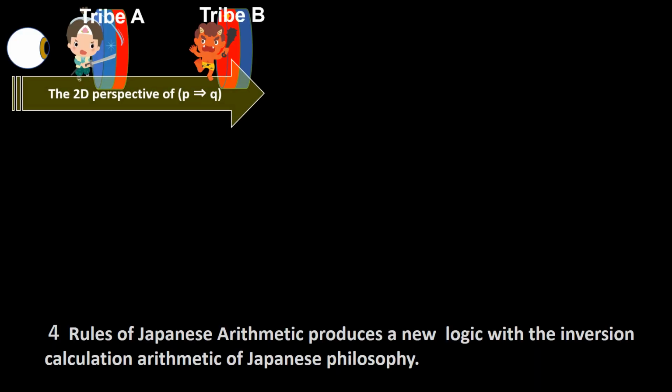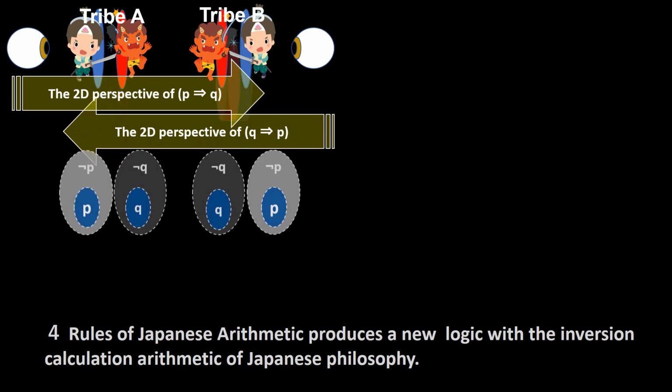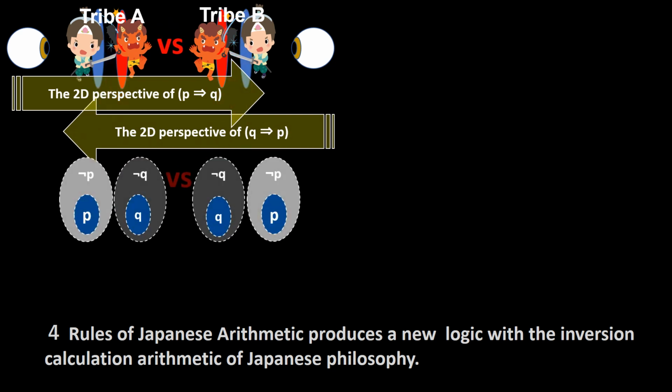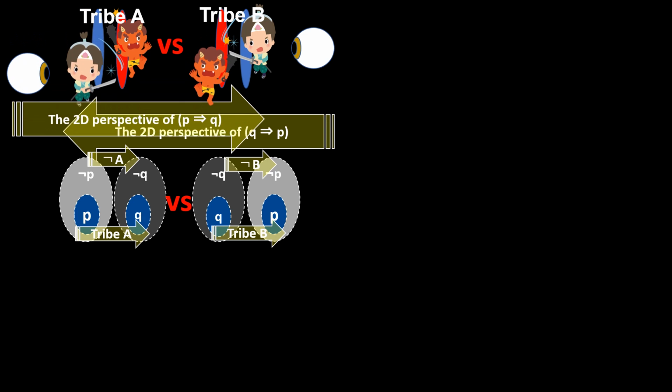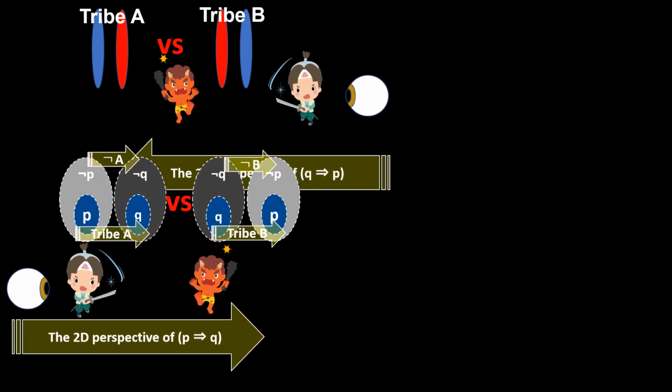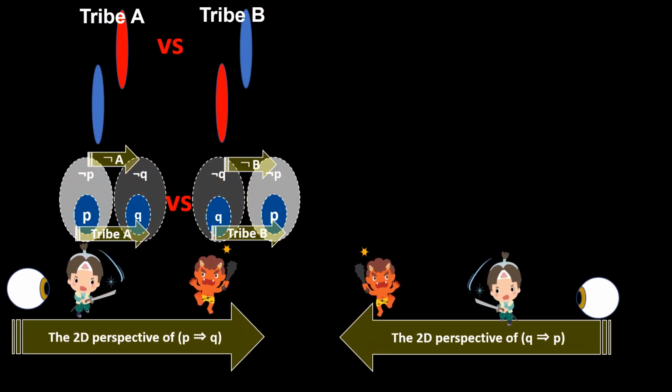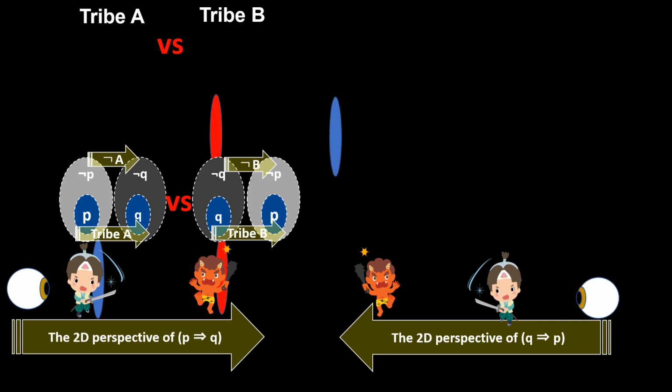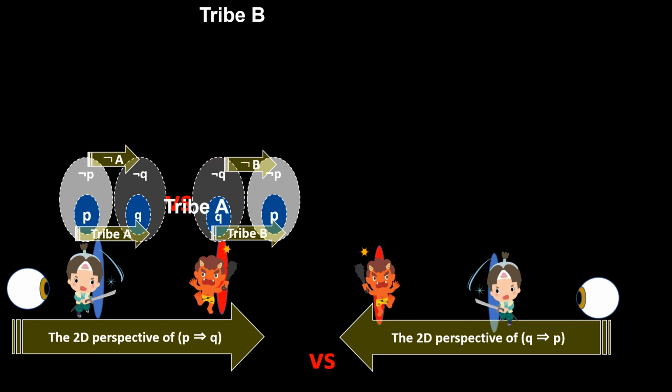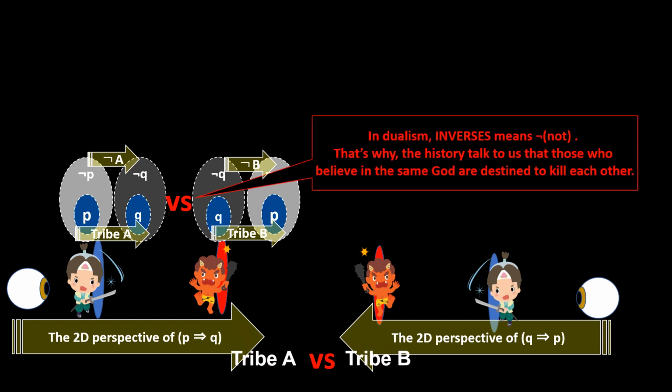When Momotaro tribe A fights the Oni tribe B, the difference between two tribes is just 1 point. In dualism, inverse means not.